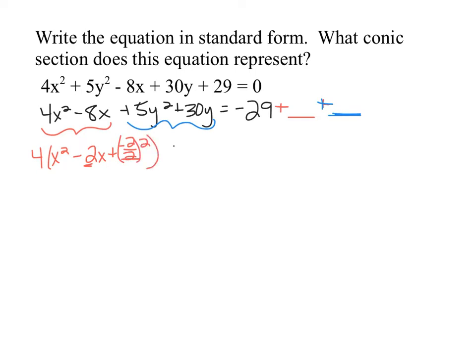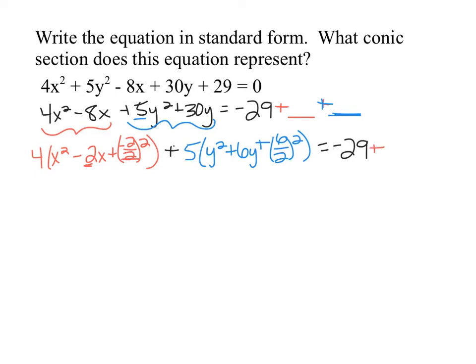Okay, so that's how we're completing the square for the x's. And then for the y's, we're going to have to factor out the 5. So 5 times y squared plus 6y plus 6 over 2 squared equals negative 29.